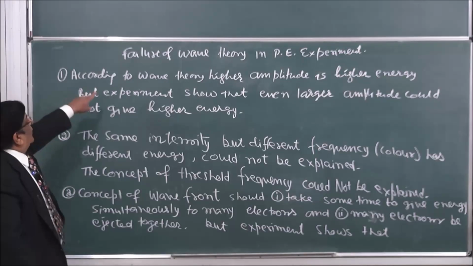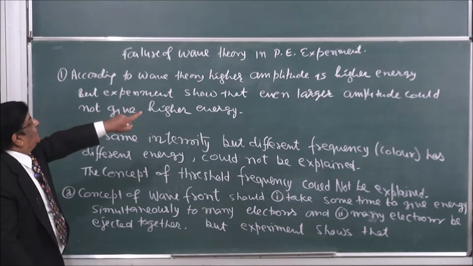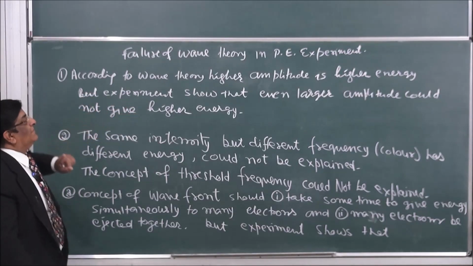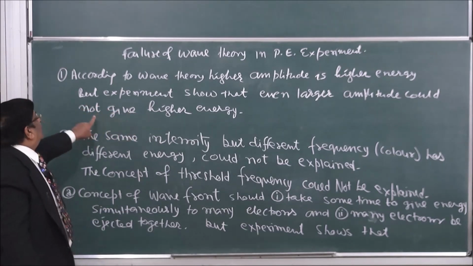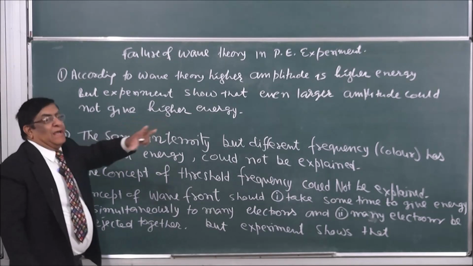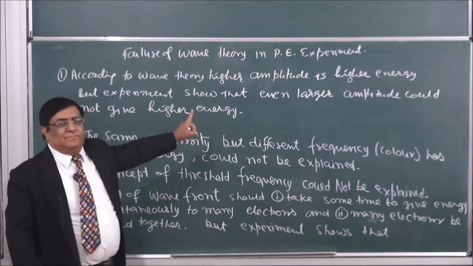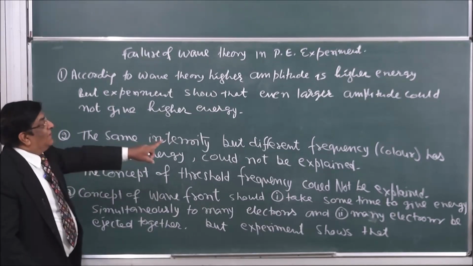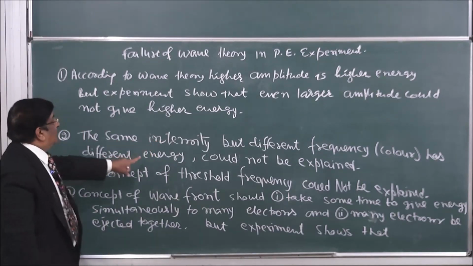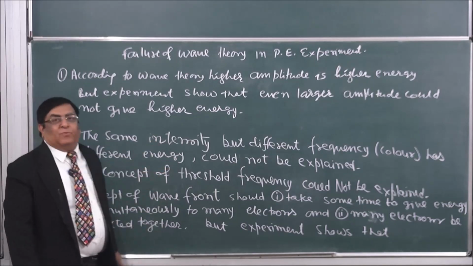So, according to wave theory, higher amplitude is higher energy. But this experiment showed that larger amplitude could not give higher energy. That is number one. Number two, the same intensity but different frequencies has different energy. Why?